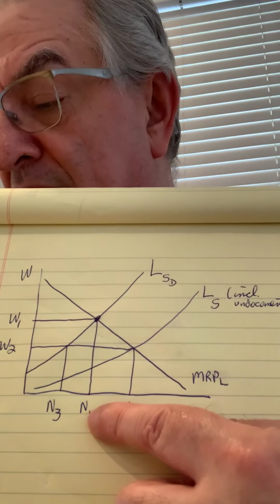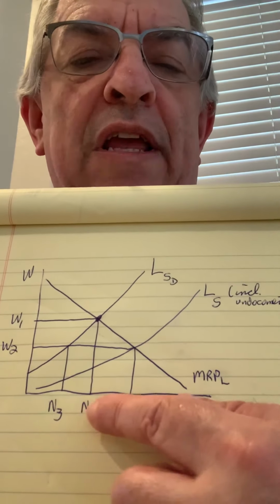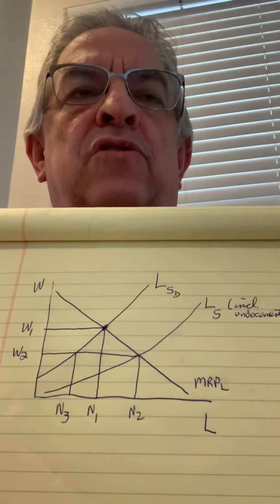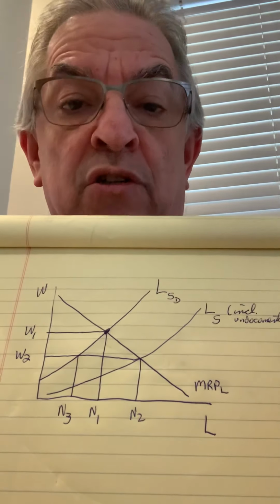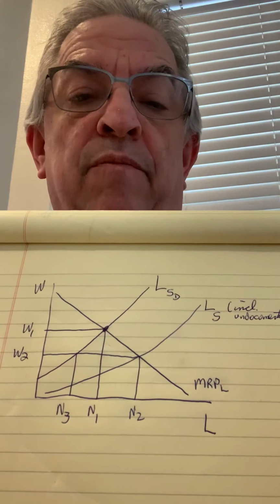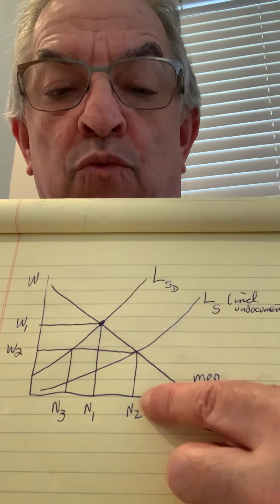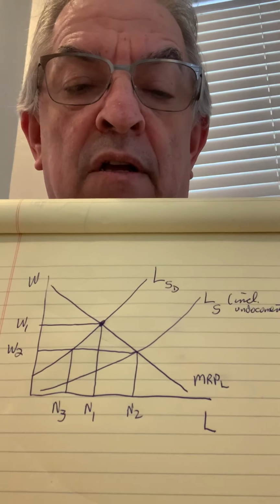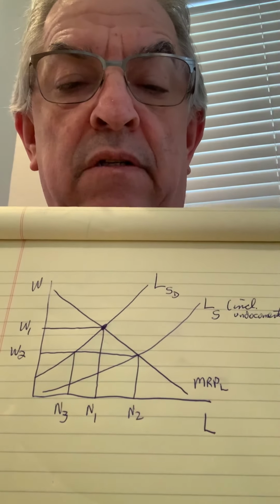So the distance of N1 minus N3 would be the reduction in native employment, not because they lost their jobs, but because the lower market wage discourages some of them from actually working. Total employment, of course, would go up to N2, and the amount of jobs that are taken by the immigrants would be the distance from N3 to N2.